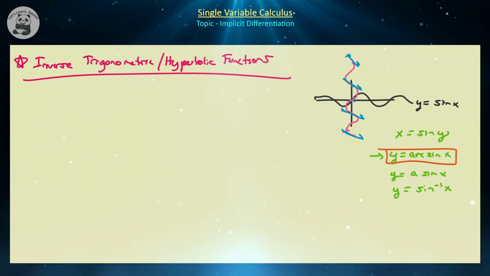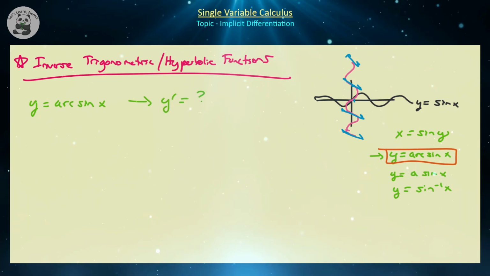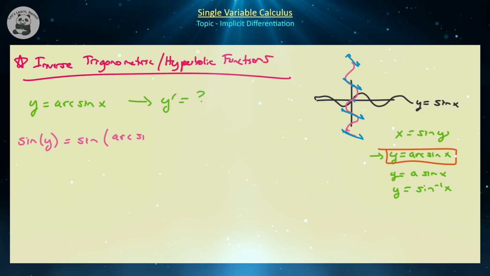All right. So y is equal to the arc sine of x. What is my derivative equal to? The first thing I'm going to do is take the sine of both sides. So I'm going to have the sine of y is equal to the sine of the arc sine of x. Since they are inverses, those are going to cancel, so I'm left with the sine of y is equal to x.